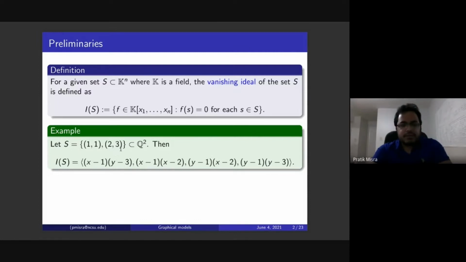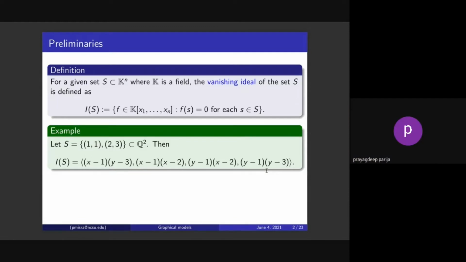Similarly, if we take (2, 3) and plug it into, let's say, the third one, then when we plug in x equals 2, this term becomes 0, so the entire term becomes 0. So that's the idea of a vanishing ideal: these points are basically the solutions of the generating set that we have over here. That's the concept of vanishing ideal, which we'll be using throughout my talk.